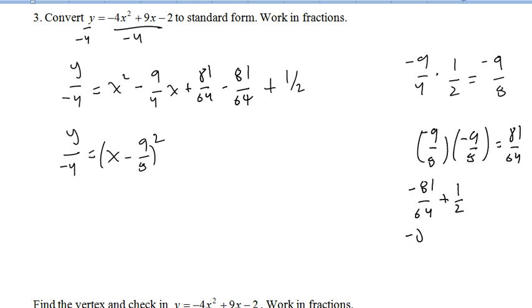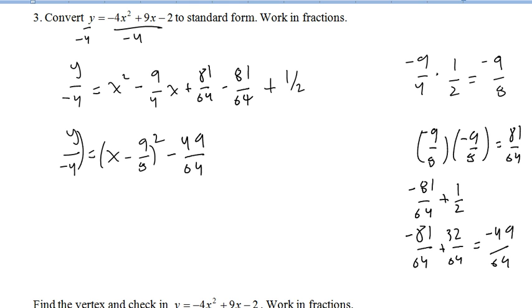So that's going to be the same as -81 over 64 plus 32 over 64, which is -49 over 64. That's going to be minus 49 over 64.